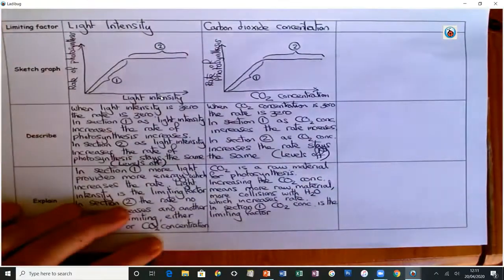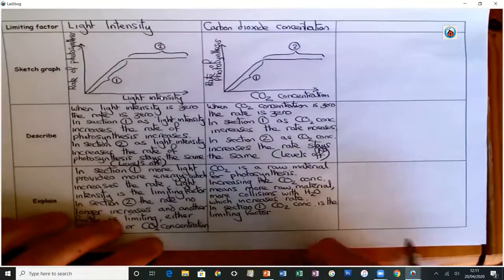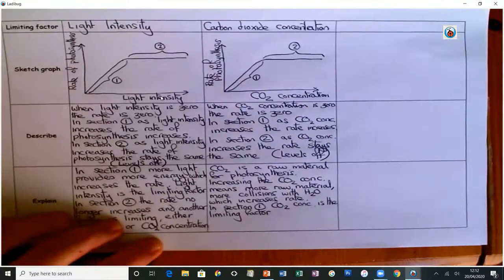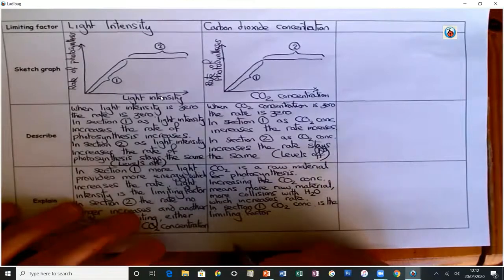Okay, so we can see that because if we increase the amount of carbon dioxide, the rate increases. We know this because rate is not as fast as it could have been as there's not enough carbon dioxide present. In section 2, the rate no longer increases as another factor is limiting.